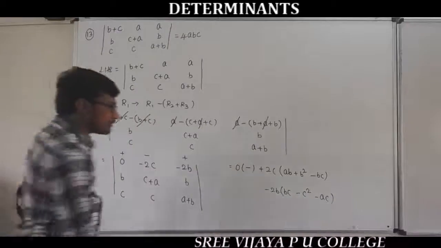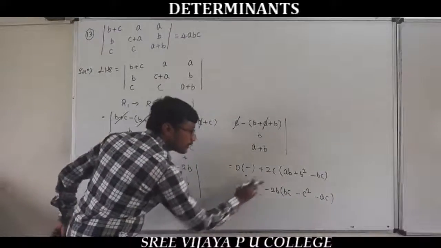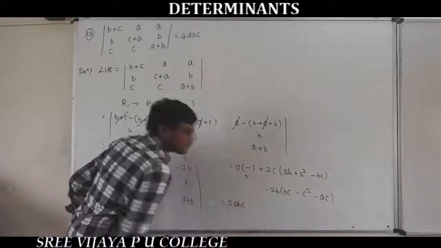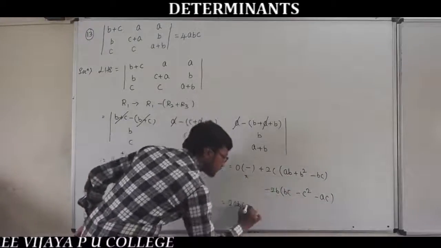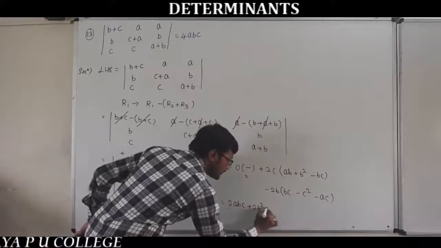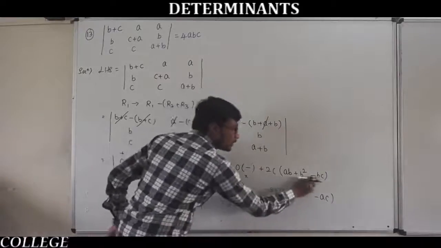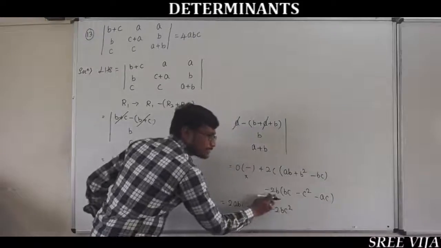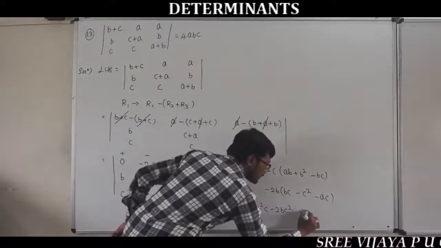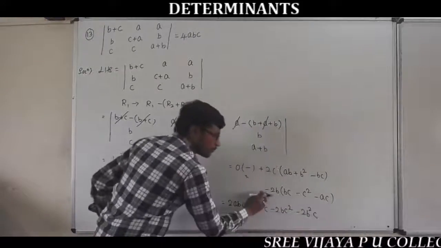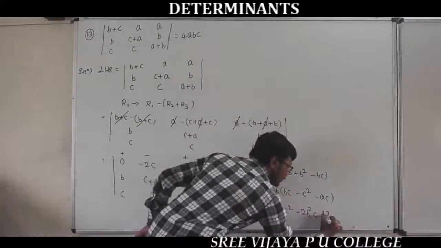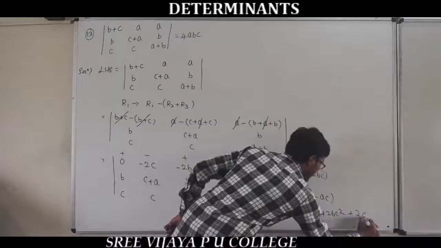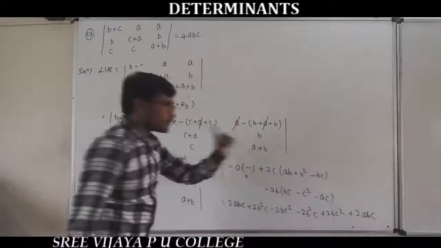Finally multiplying, so if we leave it, no problem. That is 2C into AB, 2ABC; 2C into B square, 2B square C; 2C into minus 2BC square; minus 2B into BC, minus 2B square C; minus into minus plus 2BC square; minus into minus plus 2 times ABC, B into AC, ABC.